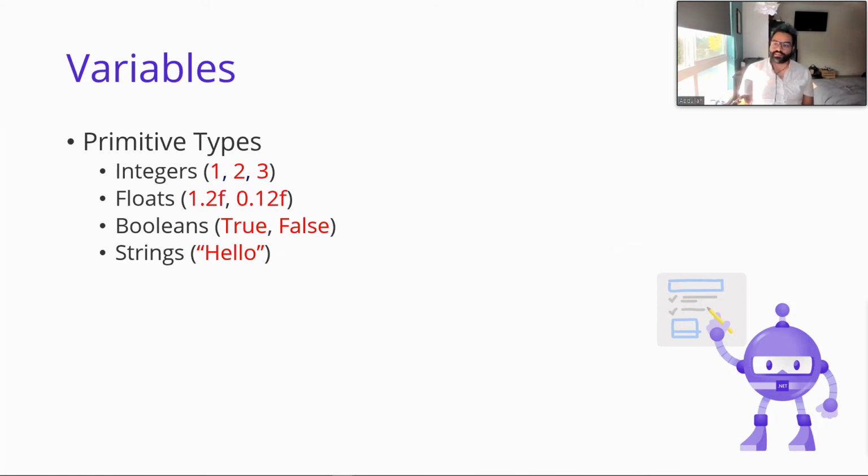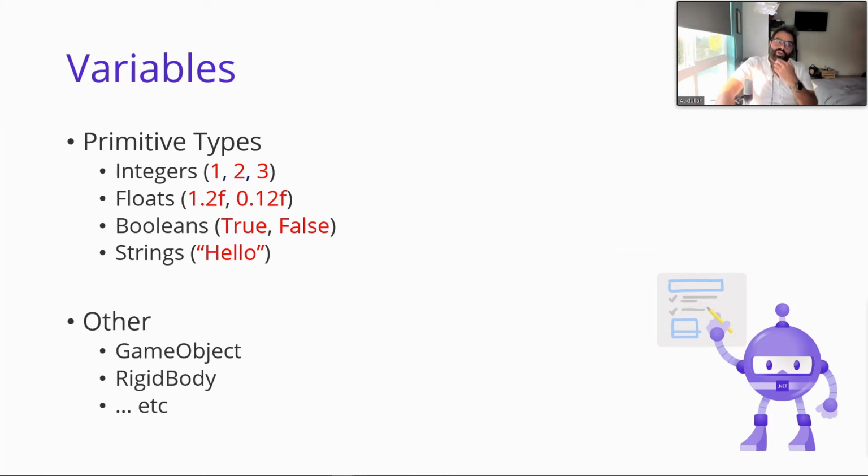And then there's Booleans. Booleans have two states, either true or false, 0 or 1. We also have strings, which we put between parentheses. And these are primitive types. There are other ones like characters and different things, but these are the basic ones that we will be using later.